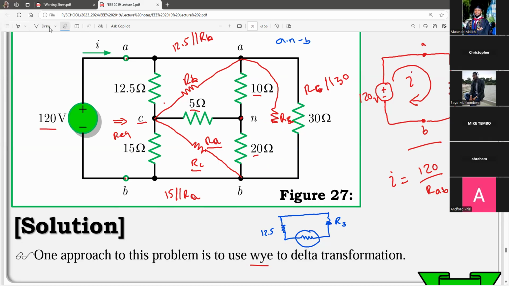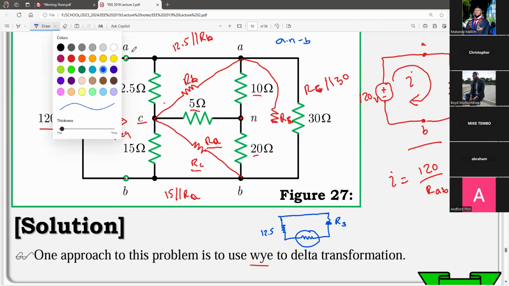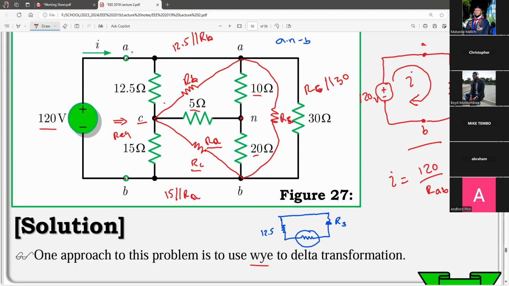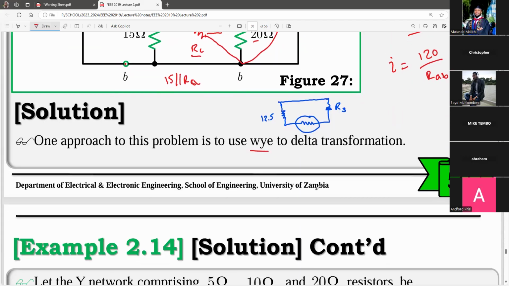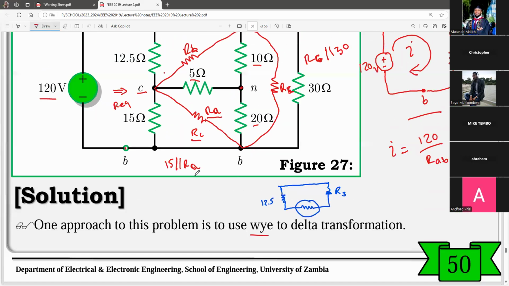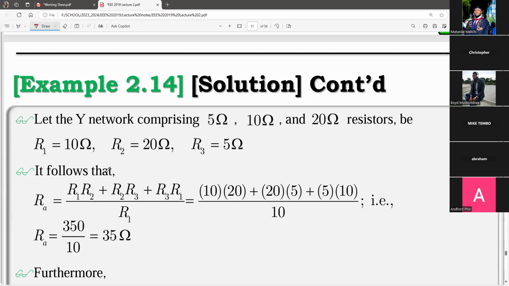Okay, it will be that. So if you go by the star to delta, then you realize that you have 25. So you can get the equivalent delta.